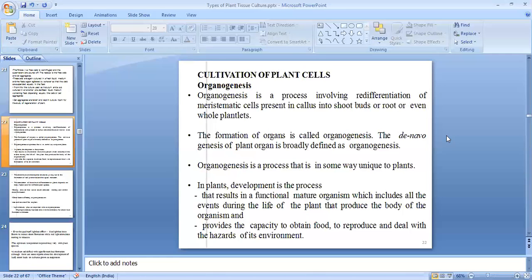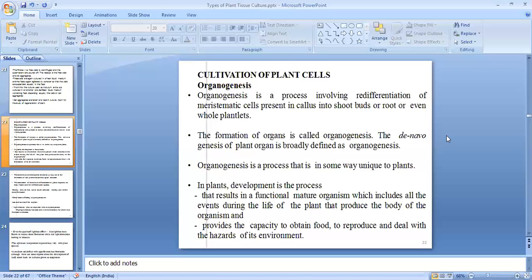What do you mean by plant development? The first point is the development of the different organs of the plant. The second one is the maintenance of the physiological functions of each and every organ. That is the developmental process in the plant.